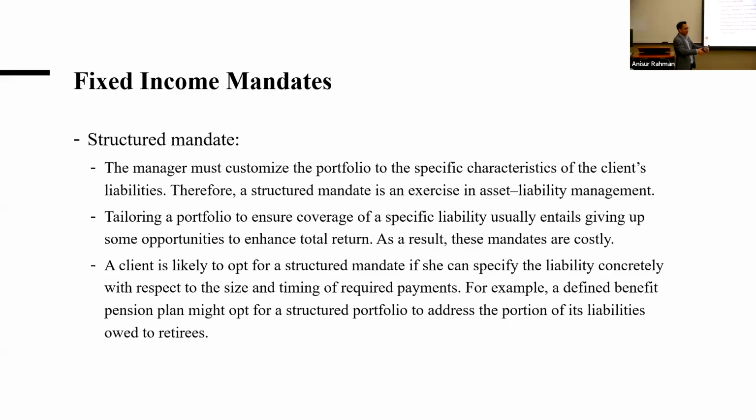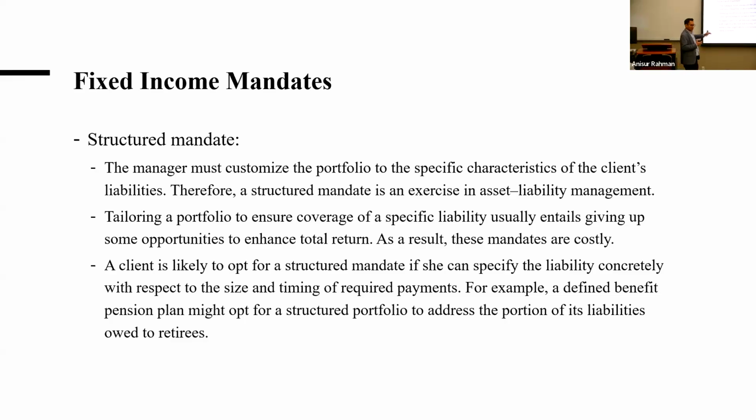So every year, for a mature company, employees retire and they claim benefits. So there is a fixed or predictably fixed amount of liabilities or cash flows they have to generate. So the fixed income portfolio has to make sure that amount of cash flow is generated.